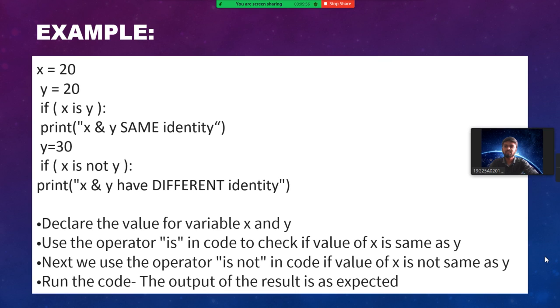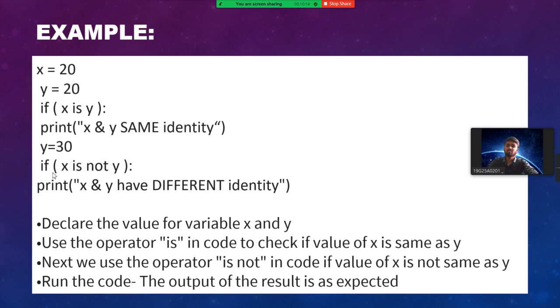x is equal to 20 and y is equal to 20. If x is y, print x and y have the same identity. It will take the same is operator like in this function.